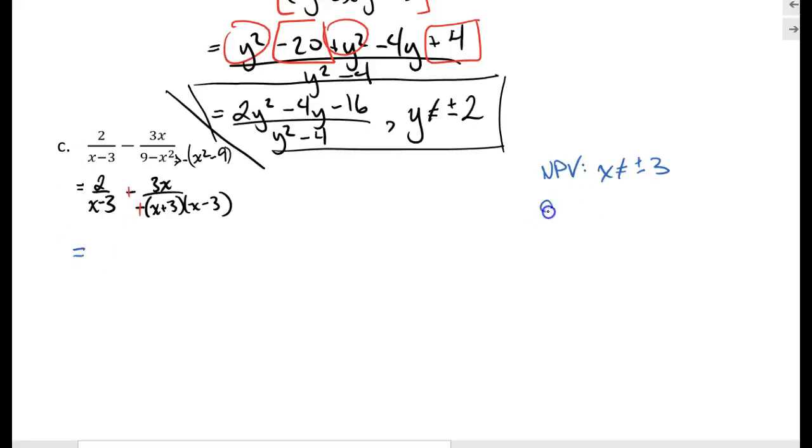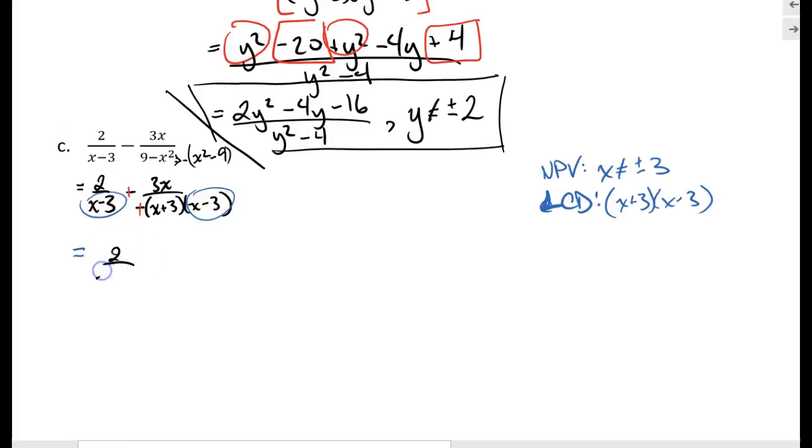Okay, I can also determine my lowest common denominator by looking at my denominators here. I've got x plus 3, x minus 3, and again I have x minus 3 showing up in both, so it's already accounted for, so that's all I need. x plus 3, x minus 3.